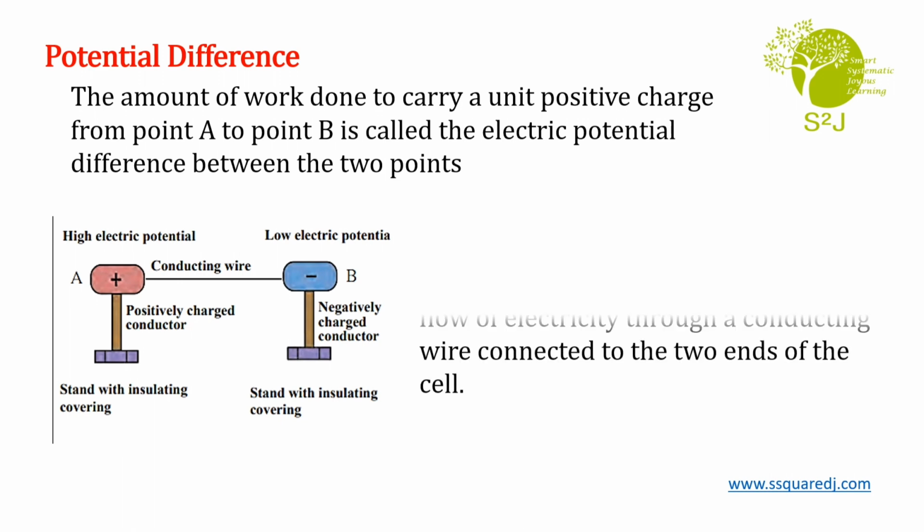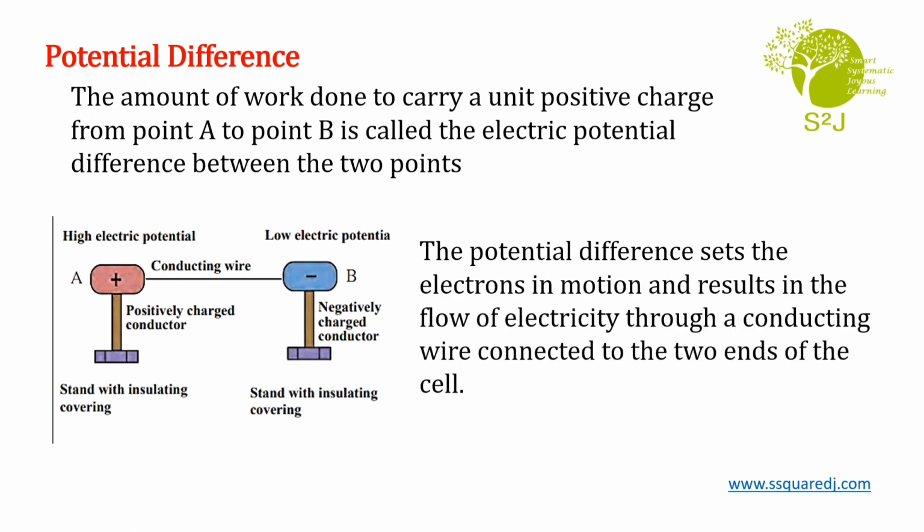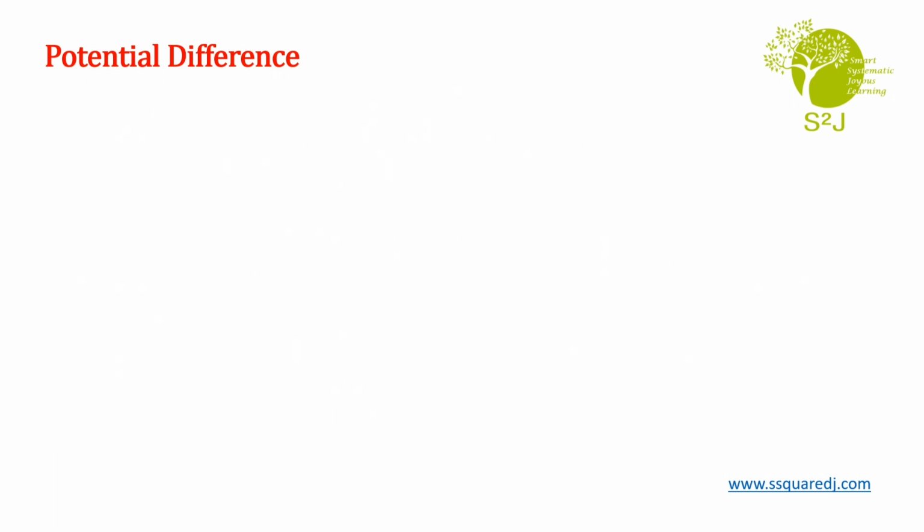Now, this flow of electrons results in the flow of electricity through a conducting wire from one end to another. Here in the diagram, it is from A to B. So this is the definition of potential difference. Flow of electric current is only possible if there is a potential difference between 2 points.